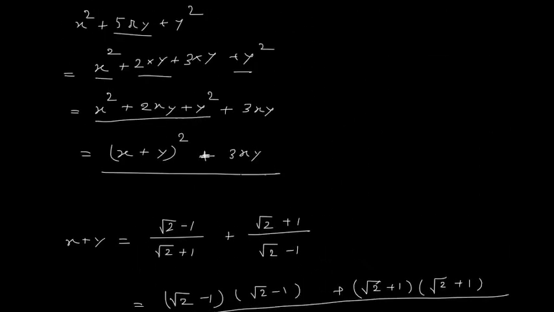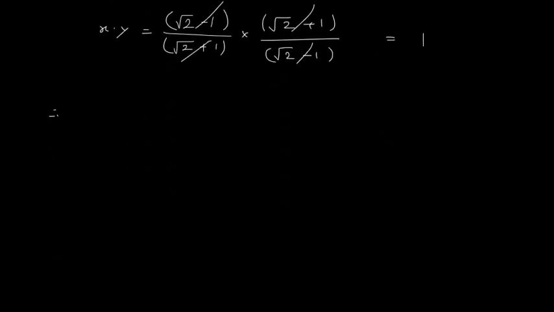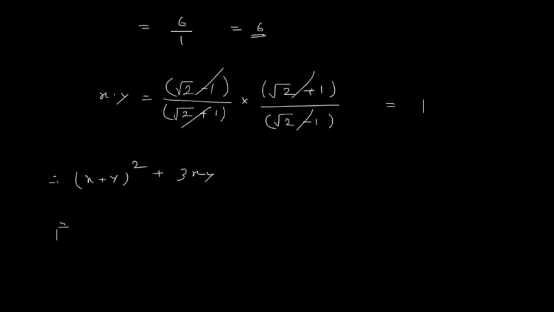Therefore x plus y the whole square plus 3xy will be equal to, now x plus y we got 6, so this is 6 square plus 3 into 1. 6 square is 36, 3 into 1 is 3, so this is 39.